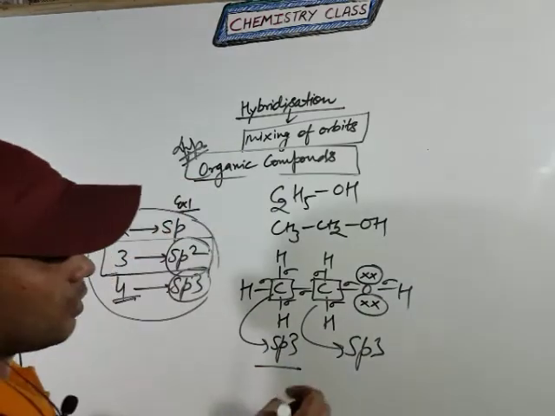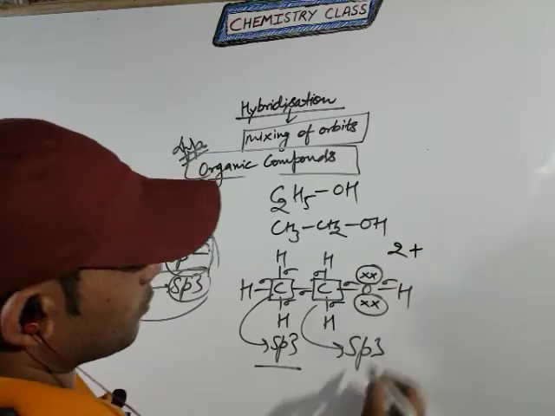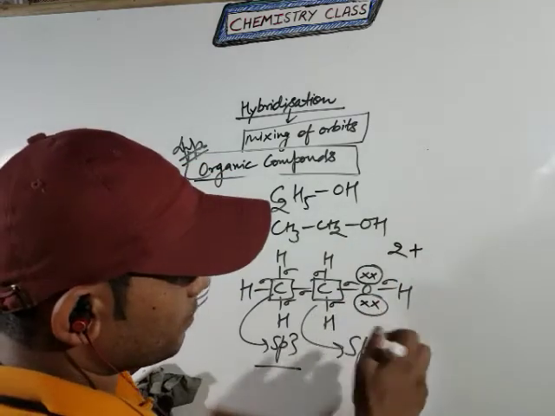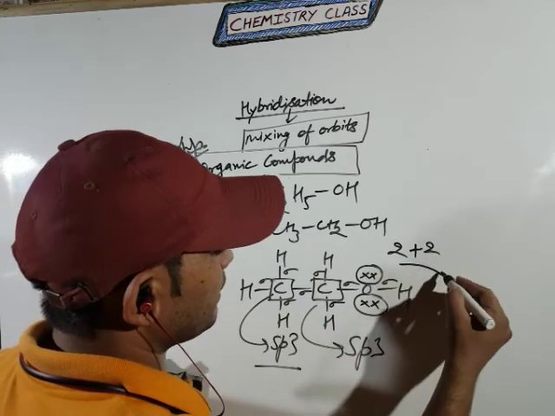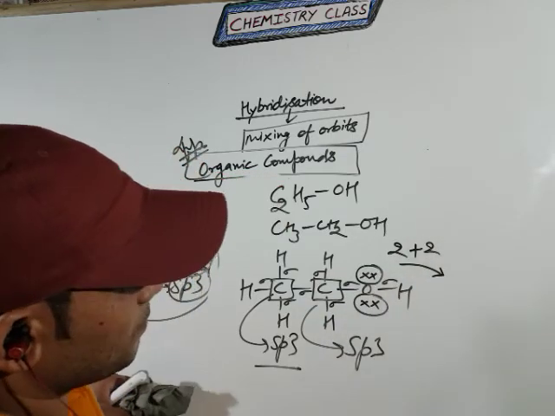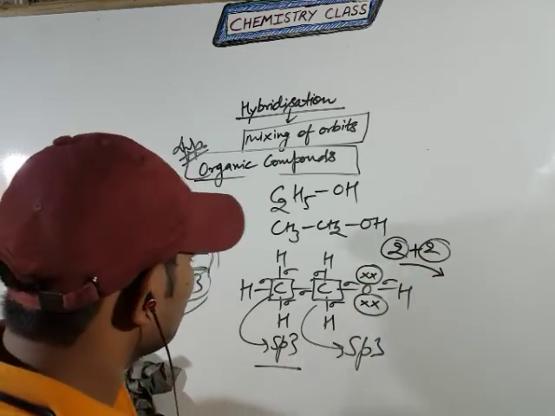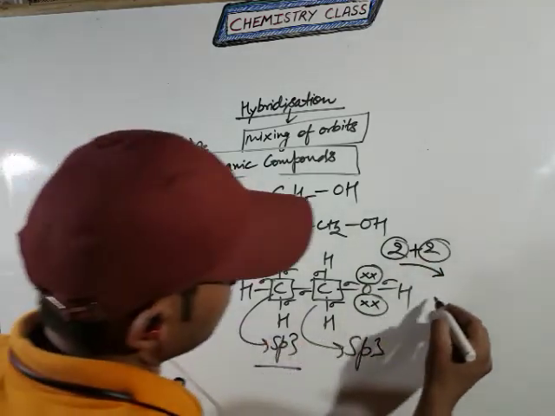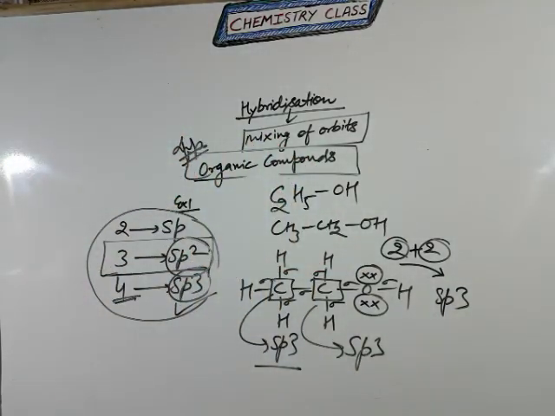So how many bonds? 1 and 1, that means 2 bonds, that means bond pairs. And how much lone pair? 1 and 1, that means 2. We already discussed this in the inorganic compounds. If the lone pair and bond pair addition is 4, that's why the answer is sp3. So in the case of oxygen, the hybridization is sp3. Now it is clear to everyone.